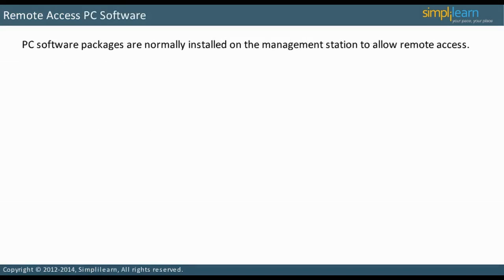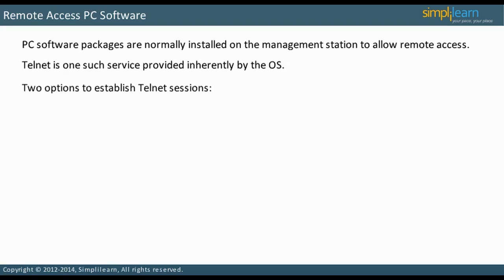A management station is normally a PC that a network administrator uses to monitor the network. PC software packages are normally installed on the management station to allow remote access. Telnet is a service provided inherently by the OS. Telnet service must be enabled if this is not the default. There are two options to establish Telnet sessions.